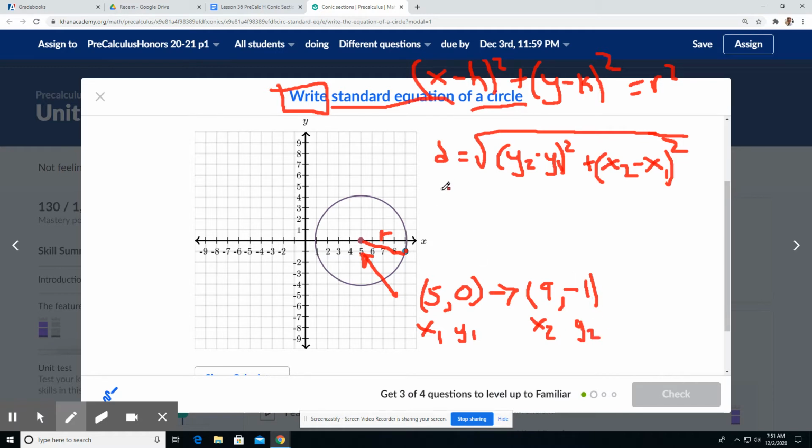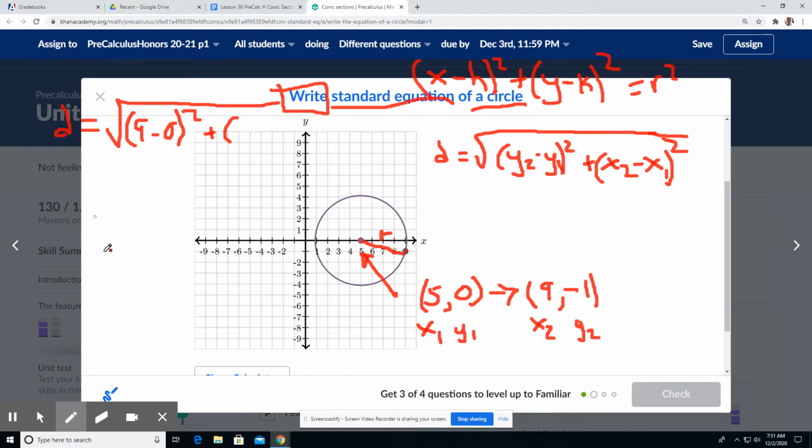Plugging our values in, I'll do it over here to save us some room. Distance is equal to the square root of y2 is 9 minus y1, y1 is 0, quantity squared, plus x2 is 9.